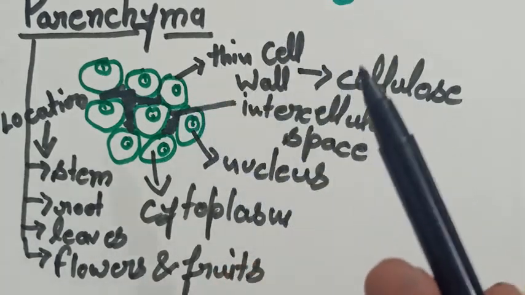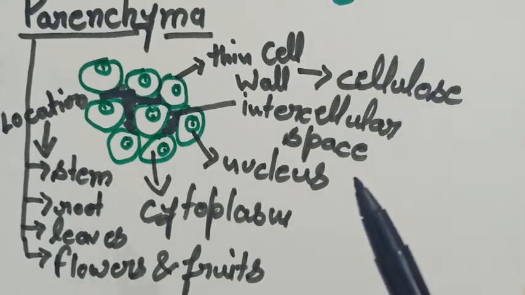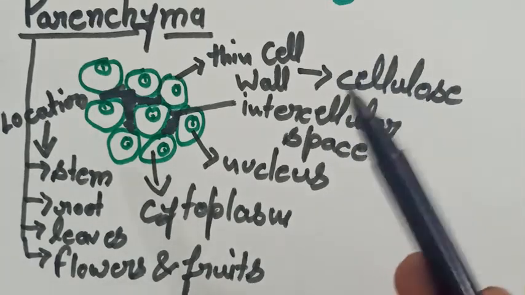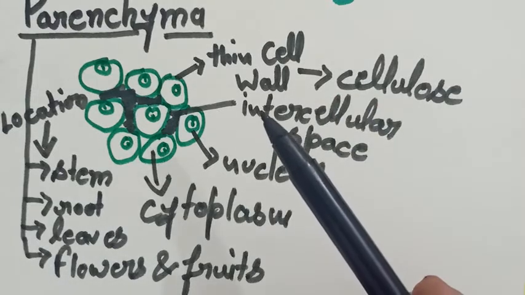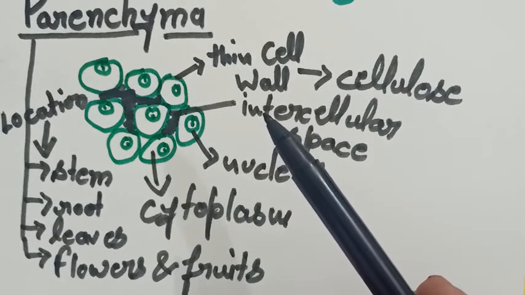In certain stems or in other parts like roots, they also store food material. So there are two functions of parenchyma: those which contain chlorophyll carry out photosynthesis, and some parenchyma also store food material.